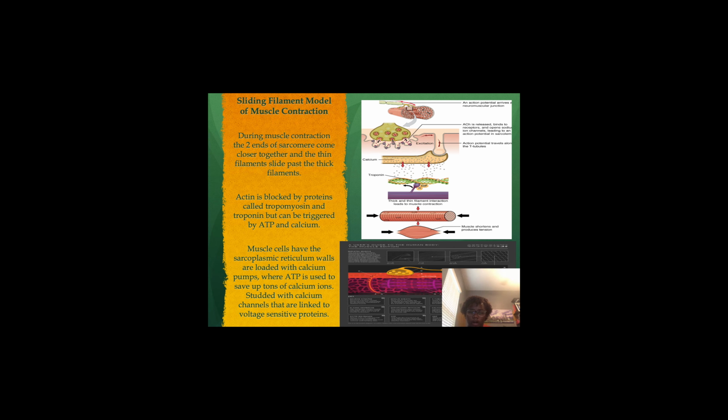And those allow for an extended position to happen, like you're stretching your arm. Then the whole sarcomere shrinks and contracts. So muscle cells have sarcoplasmic reticulum walls that are loaded with calcium pumps, where ATP is used to save up tons of calcium ions, and is studded with calcium channels that are linked to the voltage sensitive proteins.